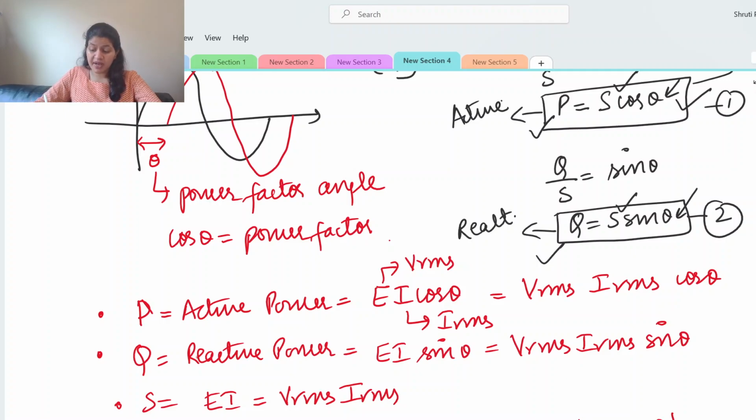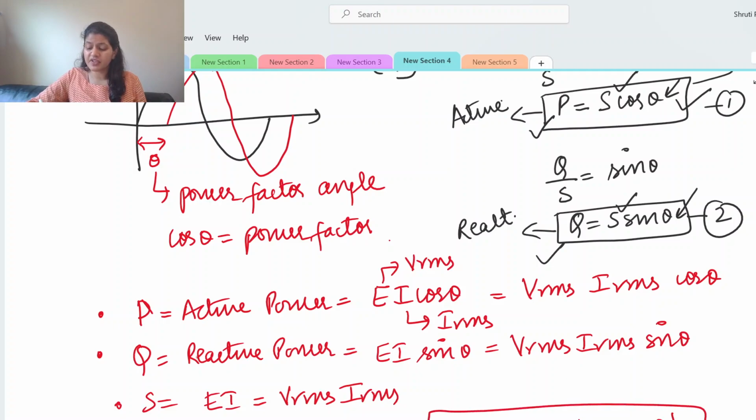But generally, if in the question it is mentioned that a 120 volt 60 hertz or 50 hertz source or a generator or a motor, those values are always the RMS value, right? So if in a question it is directly given 120 volt, you have to consider it as an RMS value.